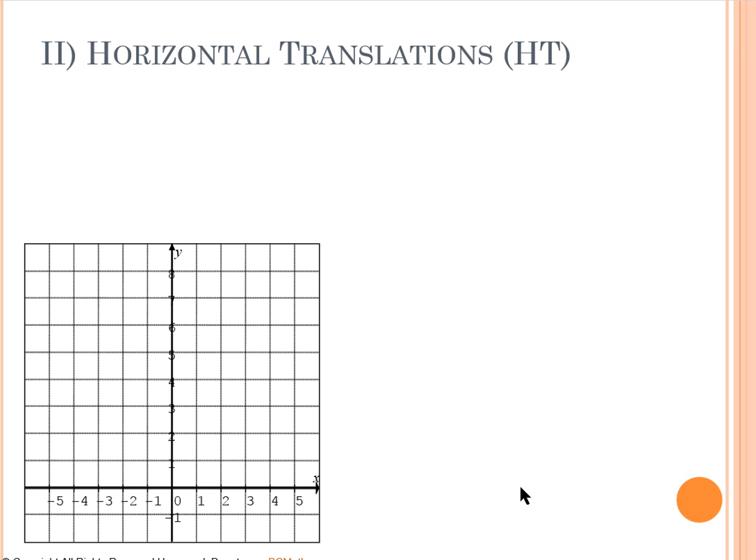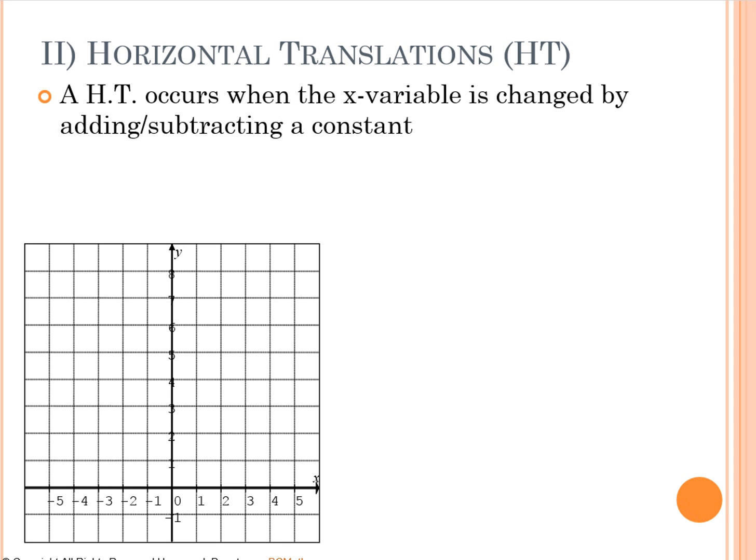I want to look at horizontal translations now, and when I talk about horizontal translations, sometimes I'll use the letters HT for short. A horizontal translation occurs when the x variable is changed by adding or subtracting a constant. All right. Now, horizontal and x variable. Whenever you see the words horizontal translation, you should be thinking about changing your x values.